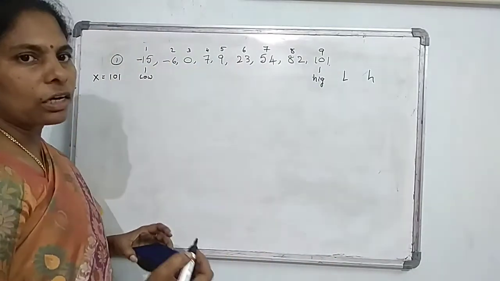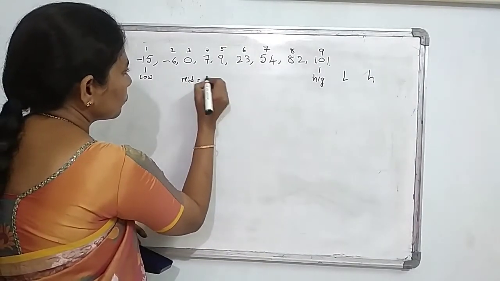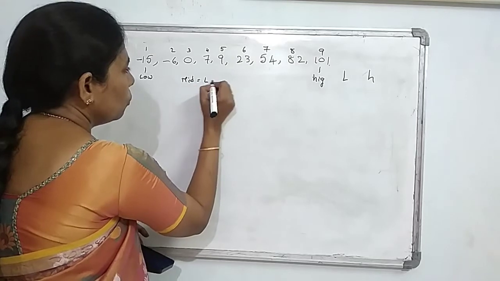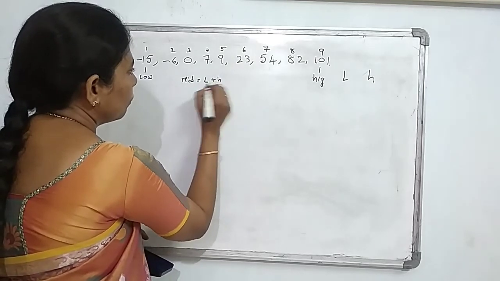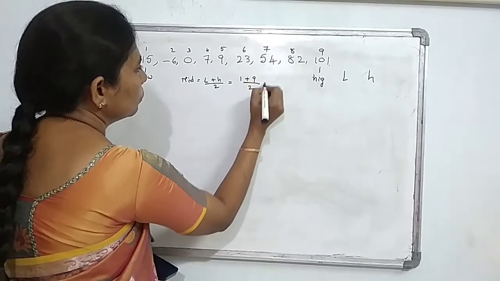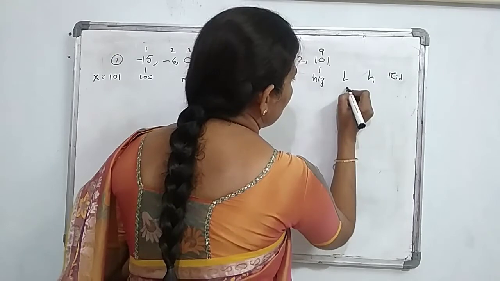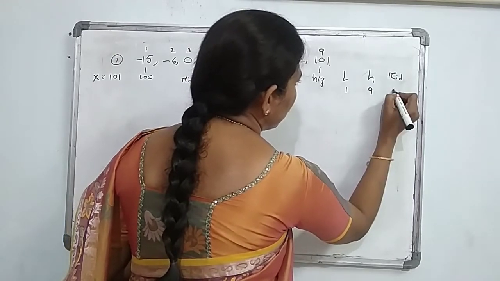First you calculate the mid value: mid equals low plus high by 2, that means 1 plus 9 by 2, which is 5. So low is 1, high is 9, mid is 5.